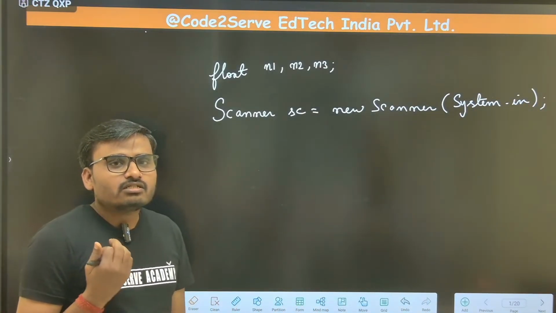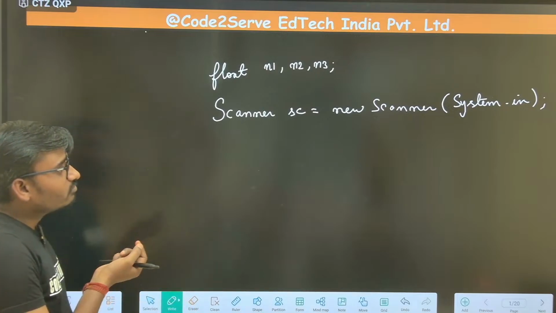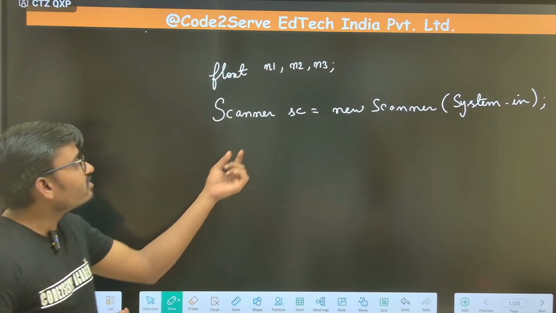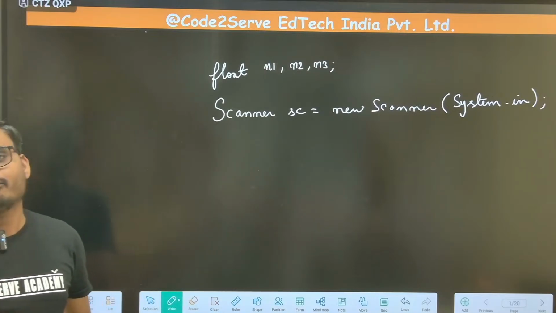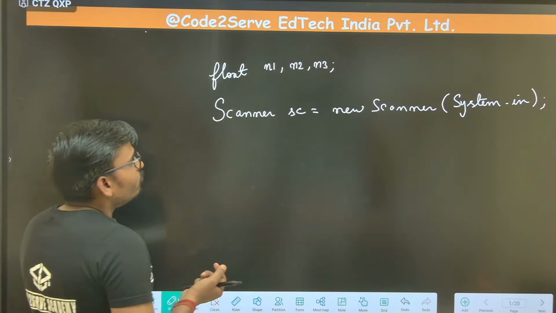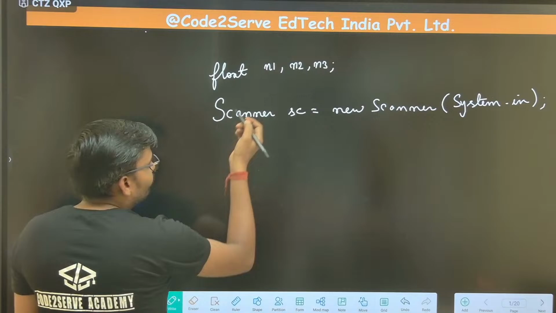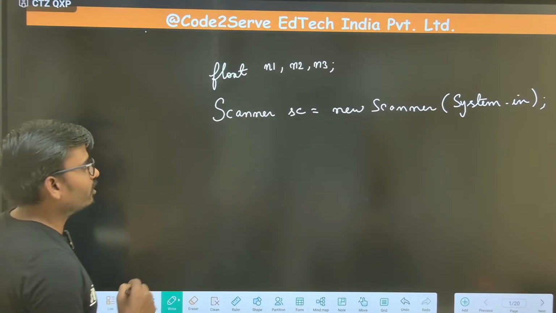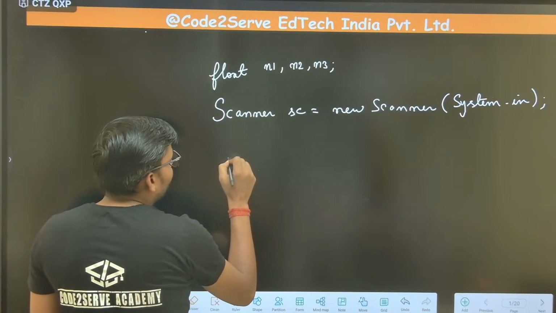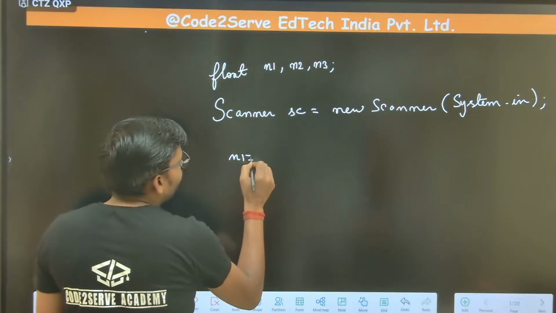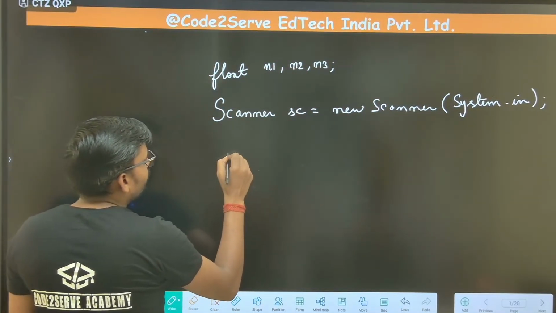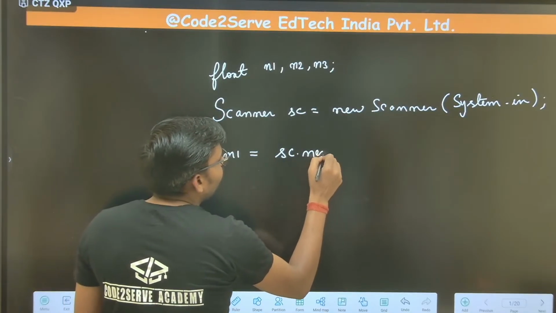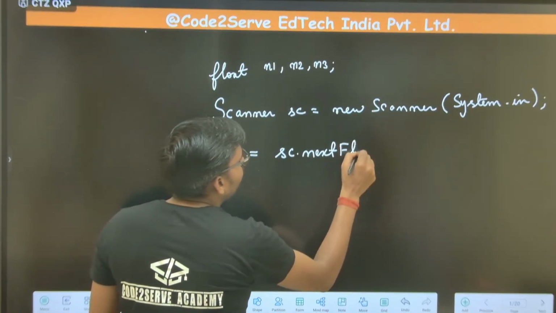All right, now after creating the object of the Scanner using this sc, we can take input. Okay, so here we have to take input first in n1, then in n2, then in n3. So we'll say n1 is equal to sc.nextFloat.